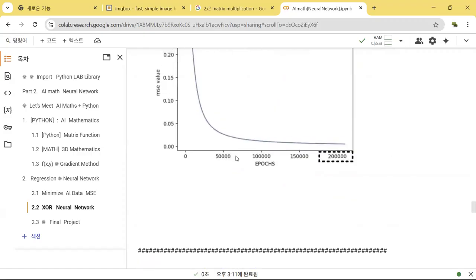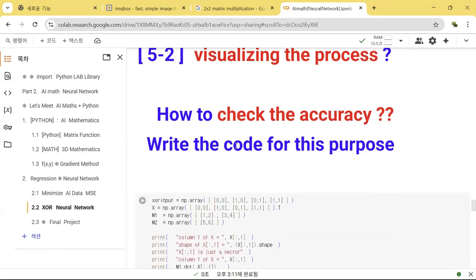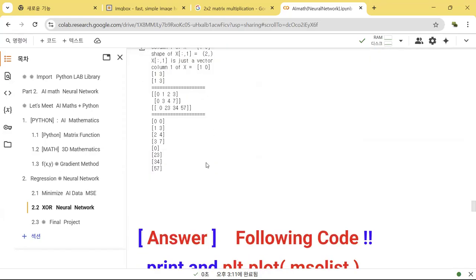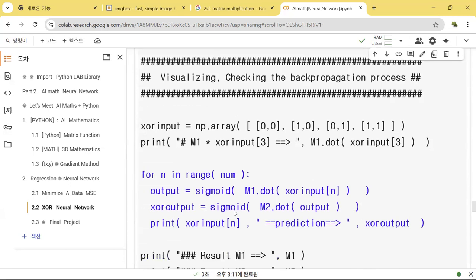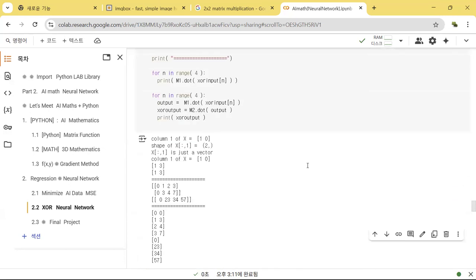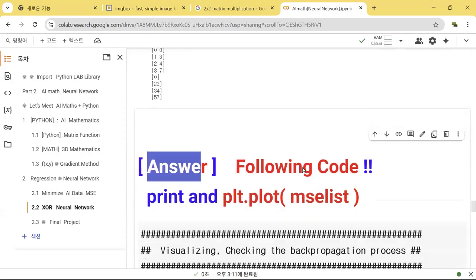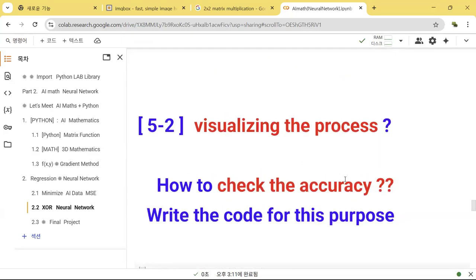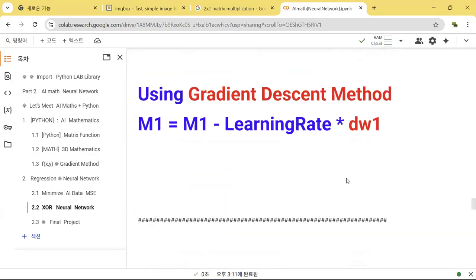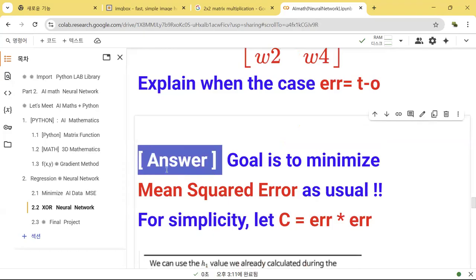So the answer to the second part of problem 5 is this code. Okay. As you see the answer, you may memorize this Python code. For each problem you can find this kind of answer explanation. Just study the answer part, and from this one, there is an answer part.